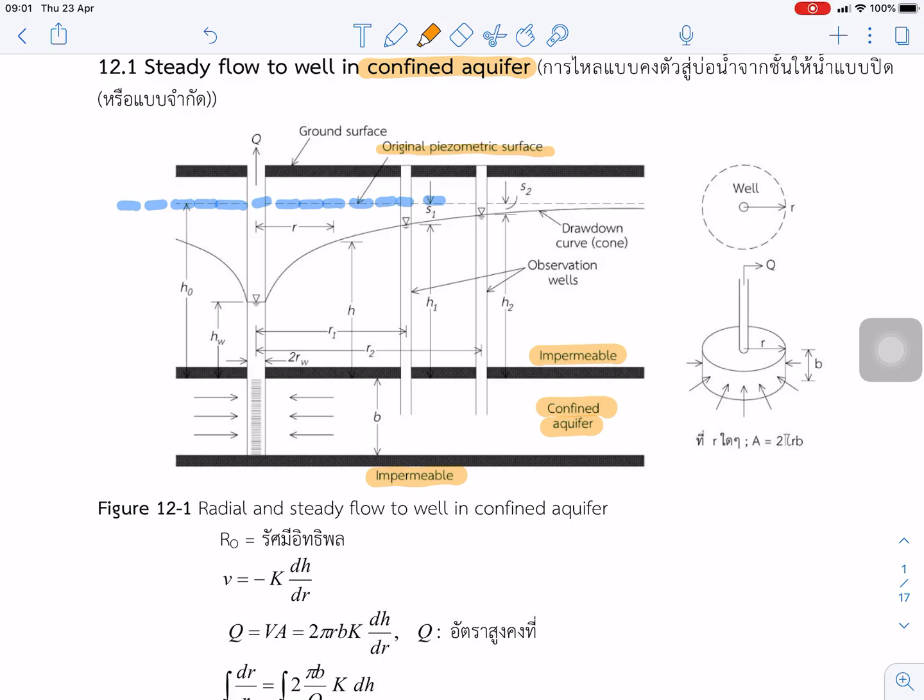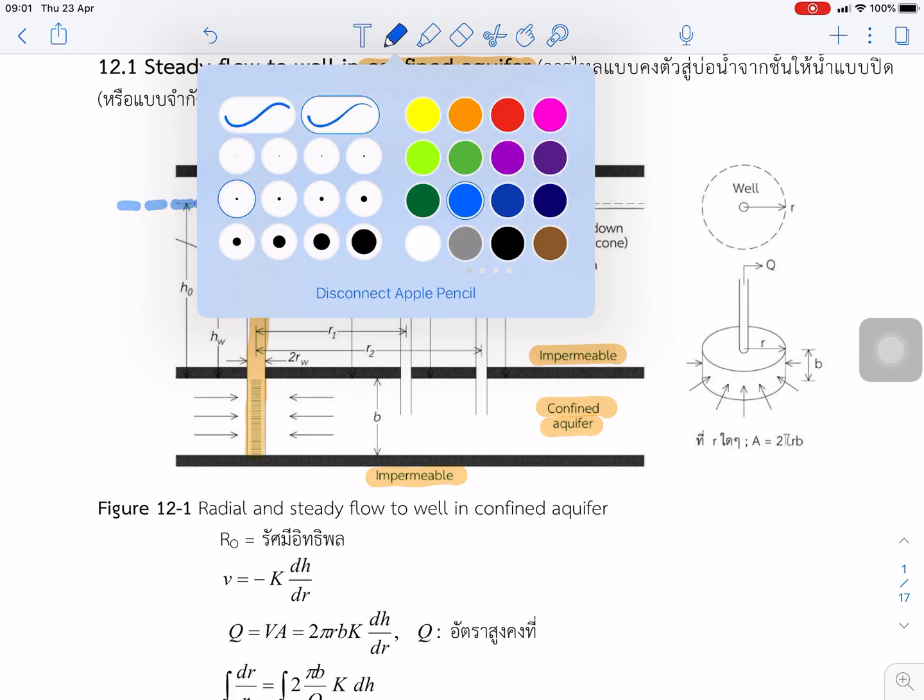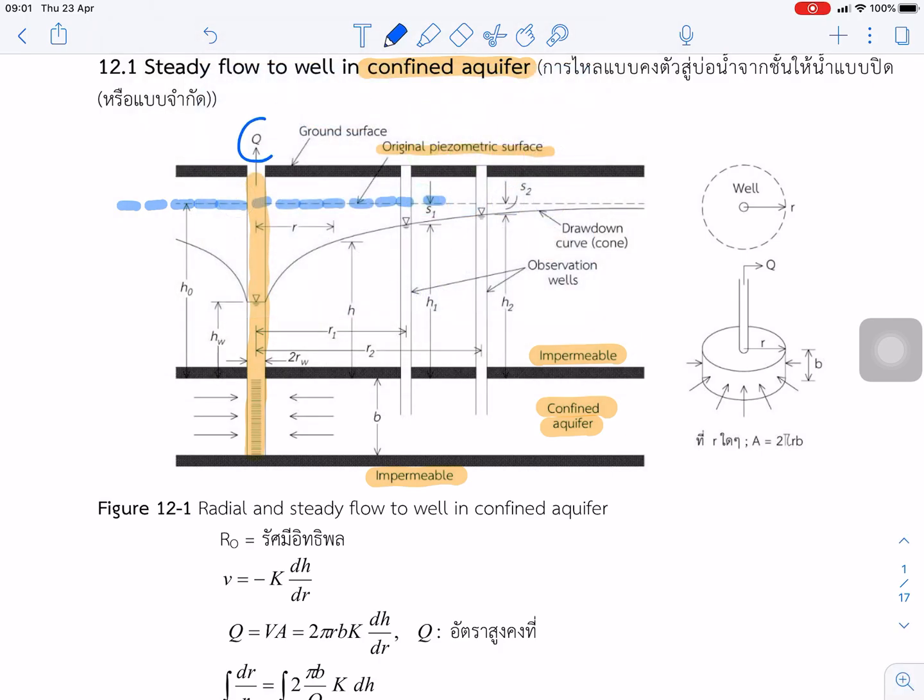Okay. Next we make a hole, and we start to pump the water from the aquifer. The piezometric surface is going down like this.